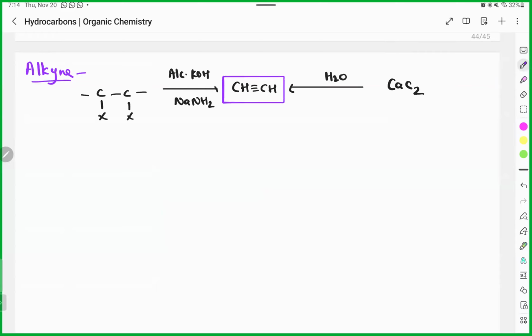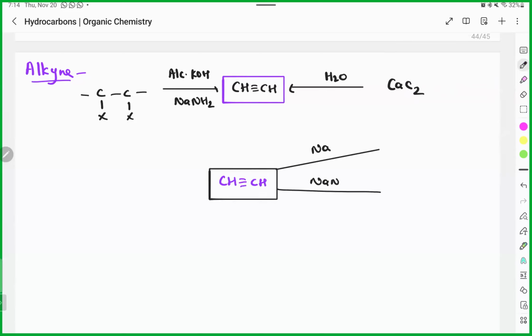If this is done, now you have to do reactions of the alkyne. If you have a reaction of alkyne, what will be the possible product? One possible product is it can react with sodium and it can react with sodamide. Both show that it is acidic in nature. Third, test of unsaturation.